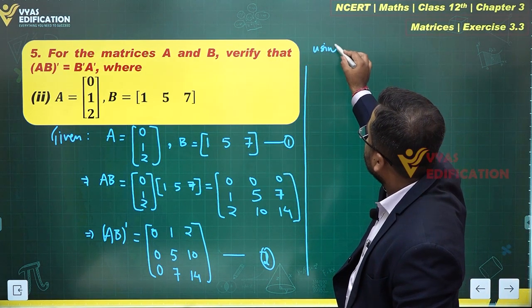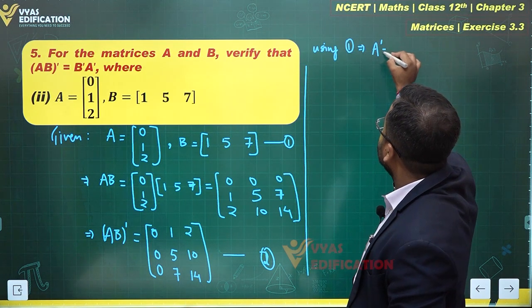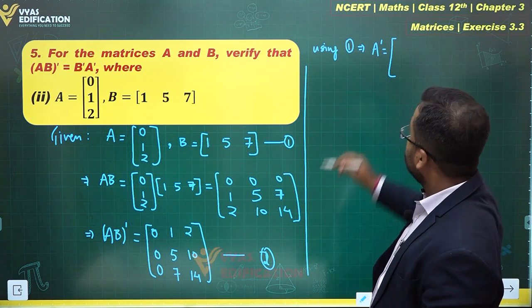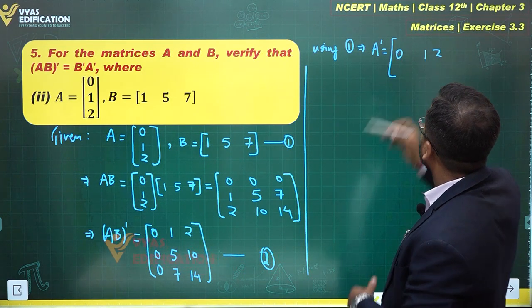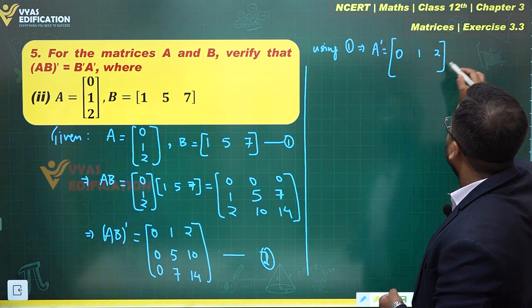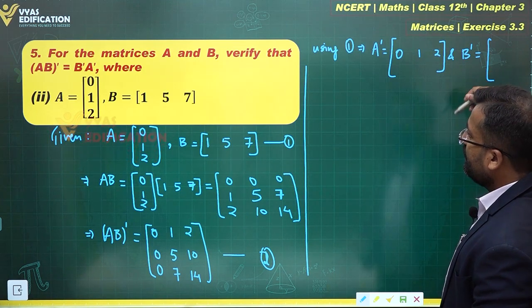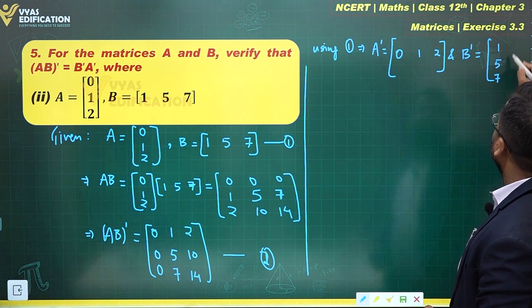Using 1, I can find A transpose. A transpose would be 0, 1, 2. These elements would be present over here. And B transpose is equal to what? B transpose would be 1, 5, 7.